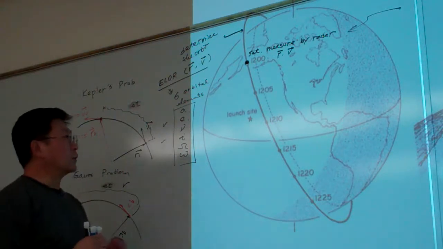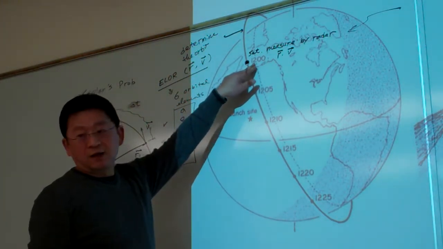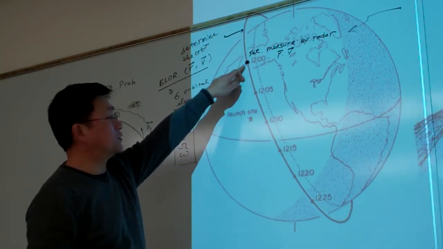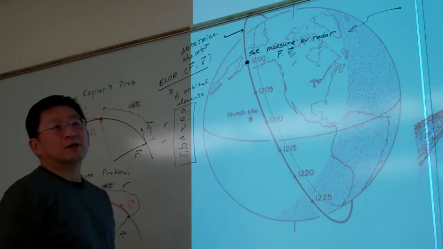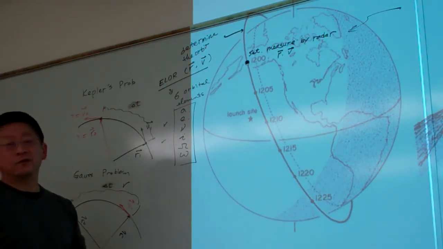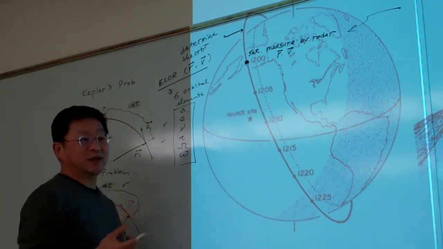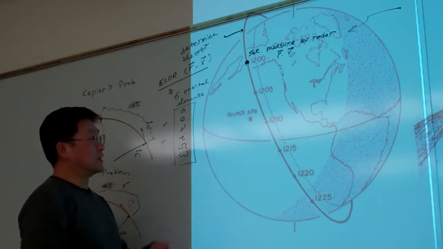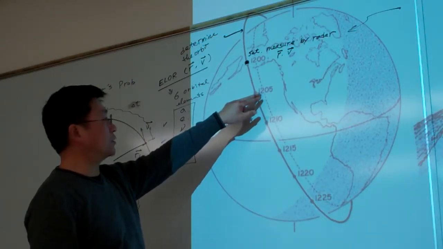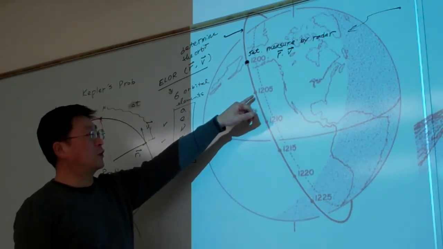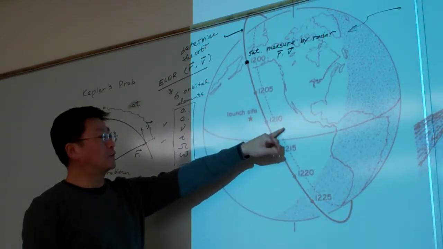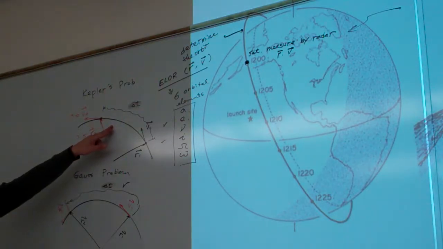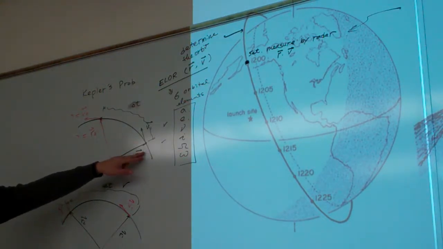So with those things ready, what can we do? For example, at lunchtime, at noon, we know the position here, which means R and V. Then with the orbital information, we can predict where the satellite would be along the orbit. For example, we can predict the position and velocity at 12:05, 12:10, 12:15, 12:20, by solving Kepler's problem. Right now we know R1, V1.